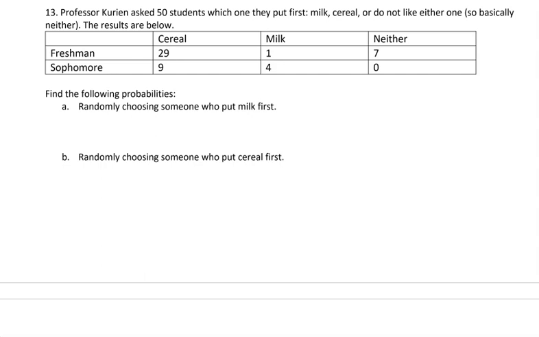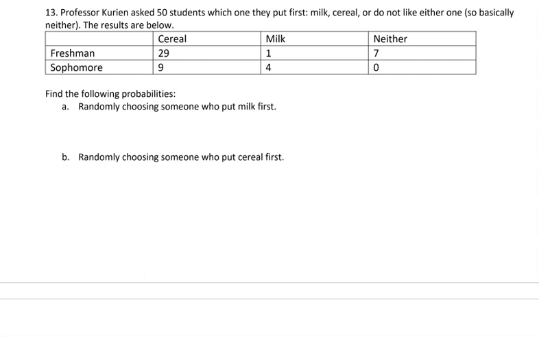So reading these results, this first row just means that there were 29 freshmen who put cereal first, 1 freshman that put milk first, 7 freshmen that didn't like cereal. There were 9 sophomores who put cereal first, 4 sophomores who put milk first, and then 0 that didn't like cereal.